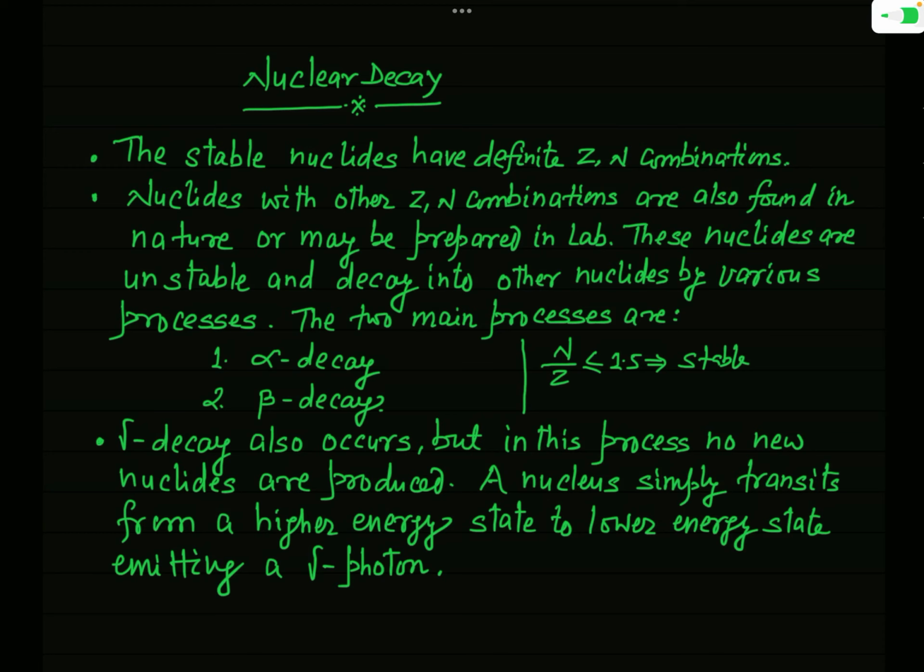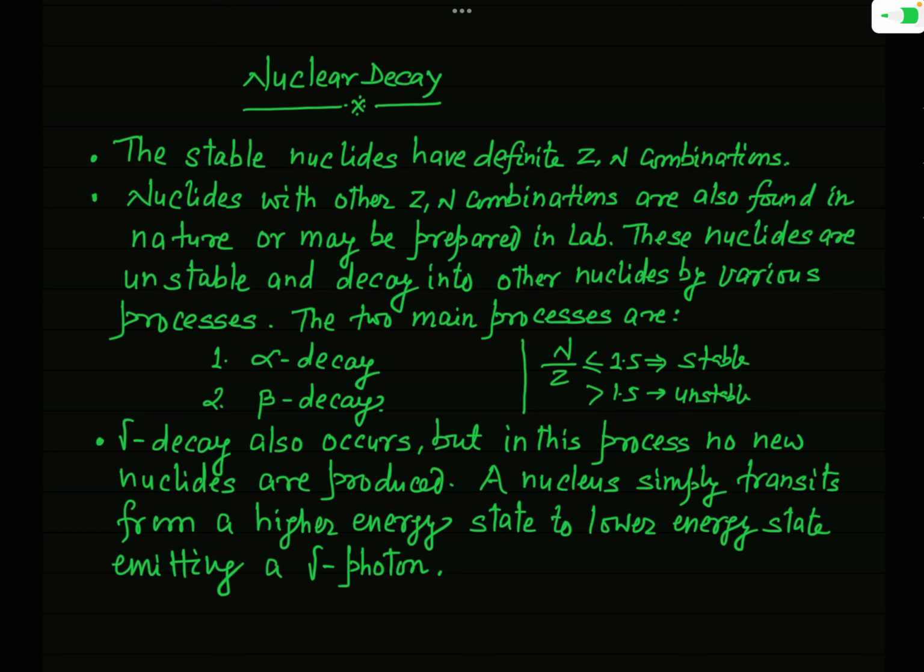But when this ratio exceeds 1.5, then the nuclei are unstable. So you can say that a proper combination of the number of neutrons and the number of protons is a parameter to determine whether the nucleus will be stable or unstable.